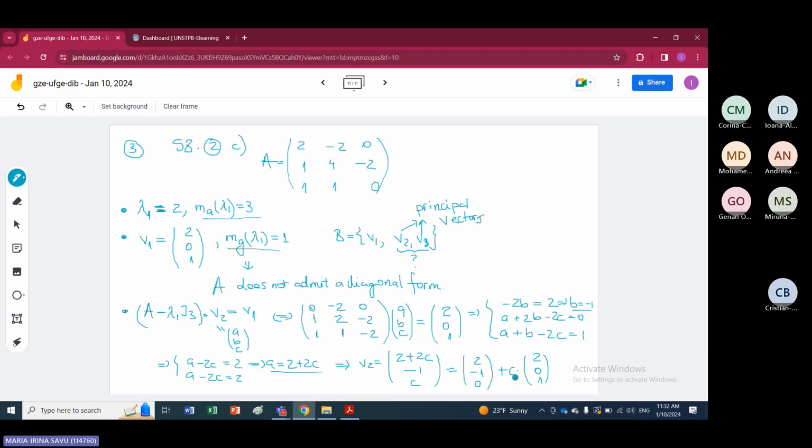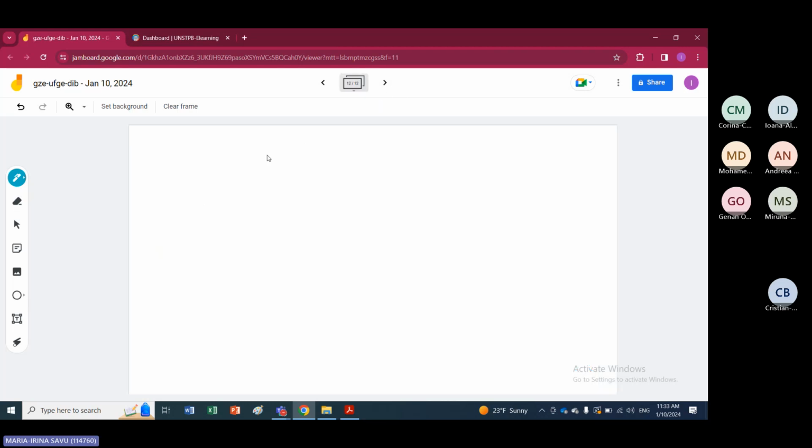Was this the form of the first principal vector? Yes. And you must choose a constant c, because c is something real. You see that this is actually V1. So V2 is a vector plus a constant times V1. Let's take c equals 0, but you can take c equals 1 or any other value you like.